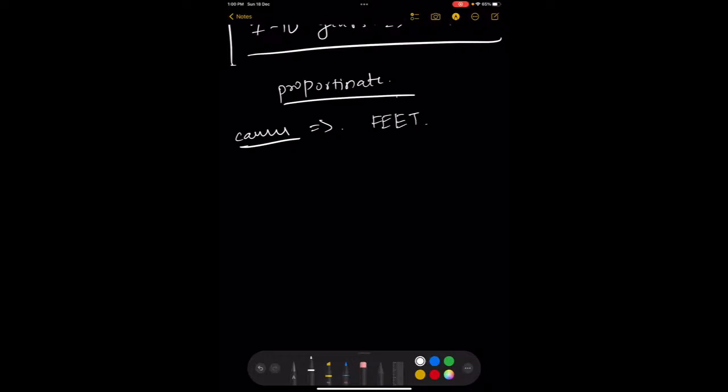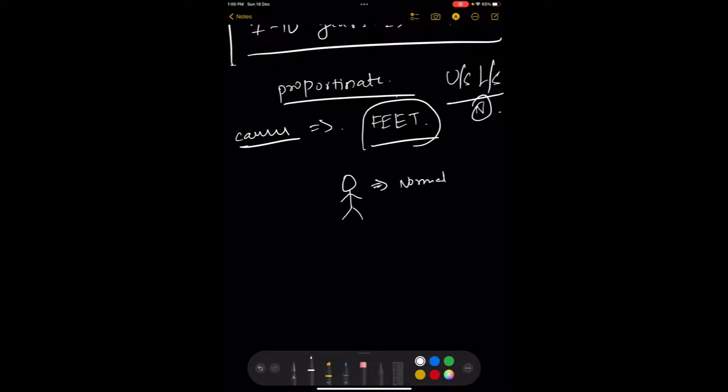The mnemonic is FEET. In proportionate short stature, the upper segment and lower segment are normal, so they can walk on their feet. This is a patient who is short in stature, but the upper and lower segments are both normal in size, so the patient can walk normally on their feet.